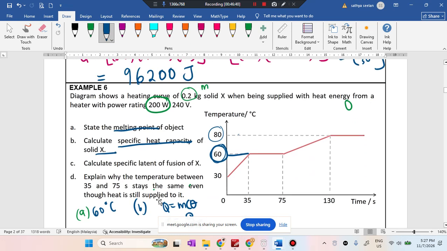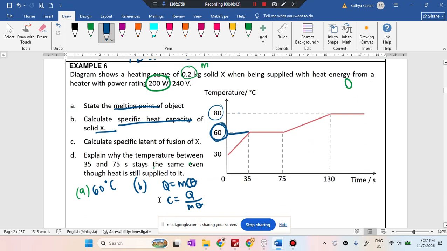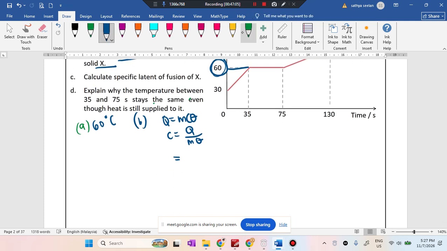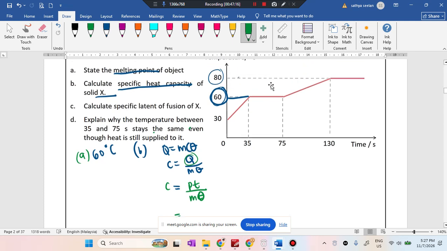Dia tak bagi kan? Jadi kita kena gunakan apa? PT je lah. PT equal to MC theta, sebab kita tak ada information on Q. Tak apa, jangan nak erase dia. You boleh modify the equation below it. Q is equal to PT kan. Carilah macam tu. So power dia berapa tadi?